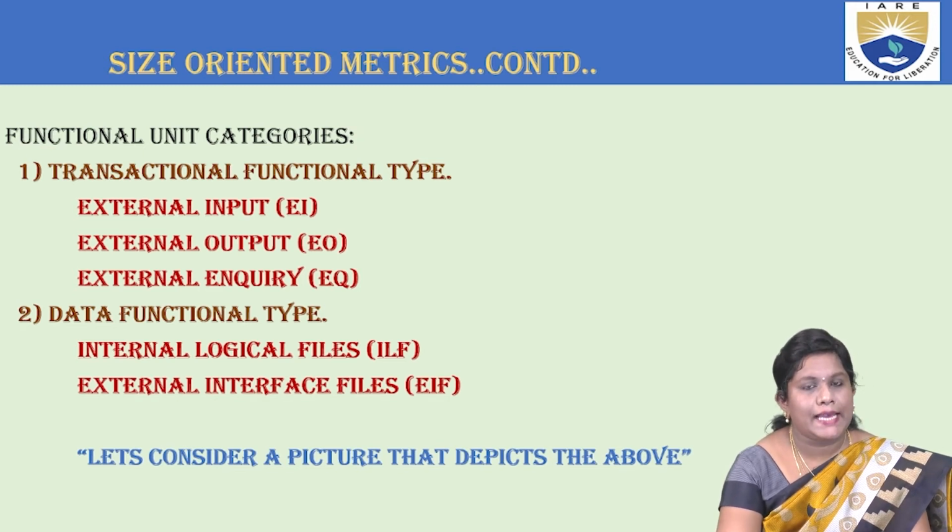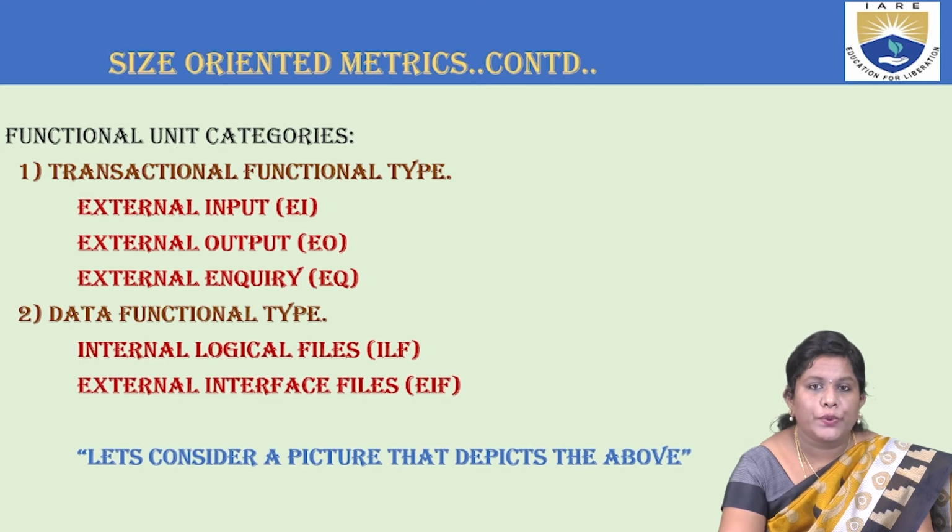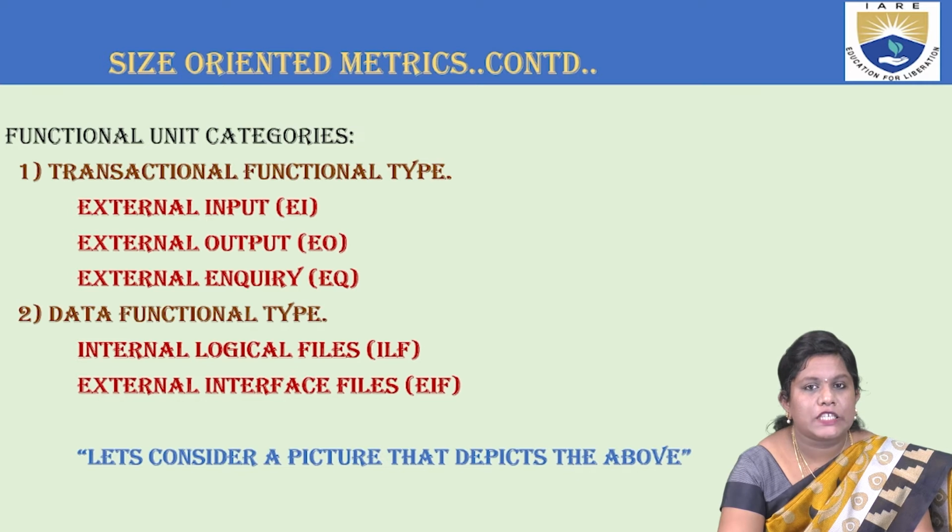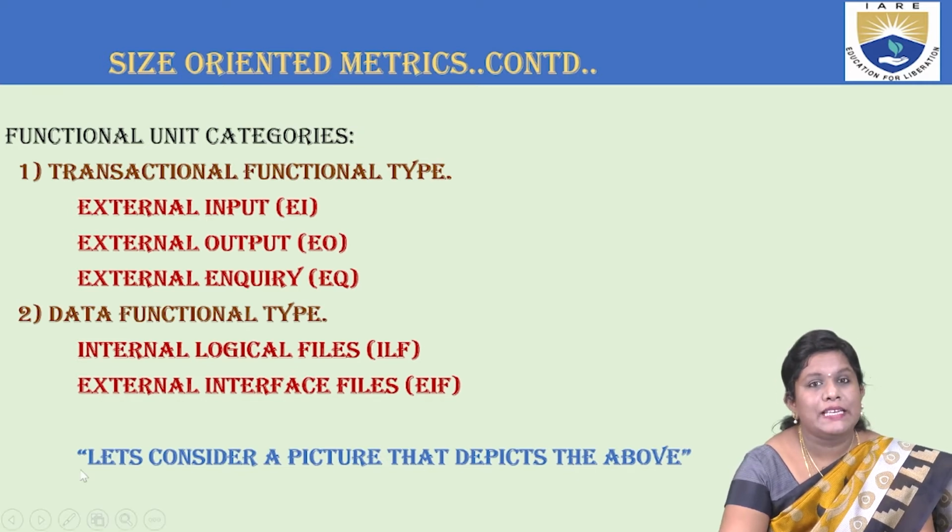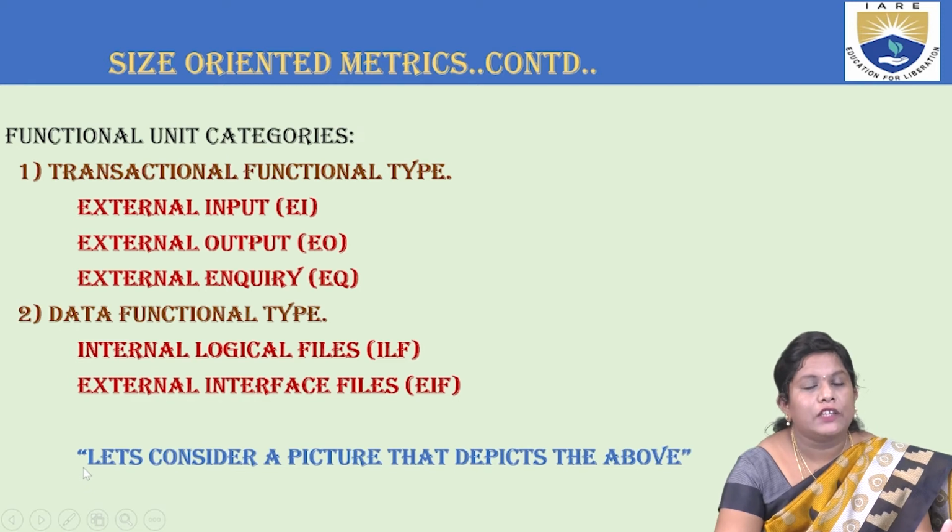Coming to the second category of functional unit, they are data functional types. The first one is ILF, that is internal logical files. The second one is EIF, which stands for external interface files. Internal logical files are the files that are prevailing or existing within the system.